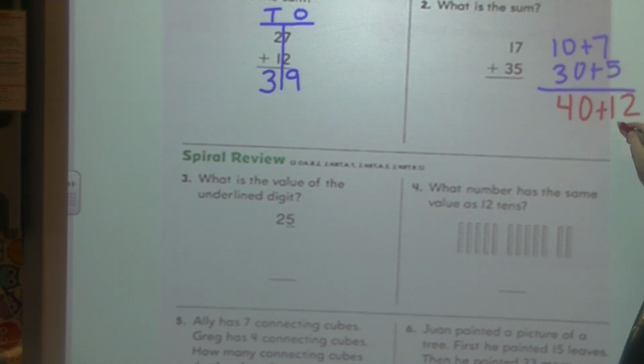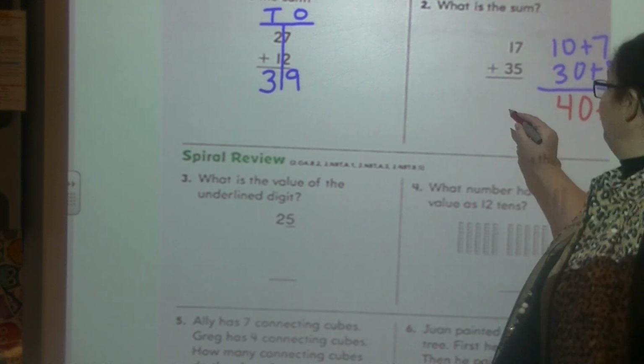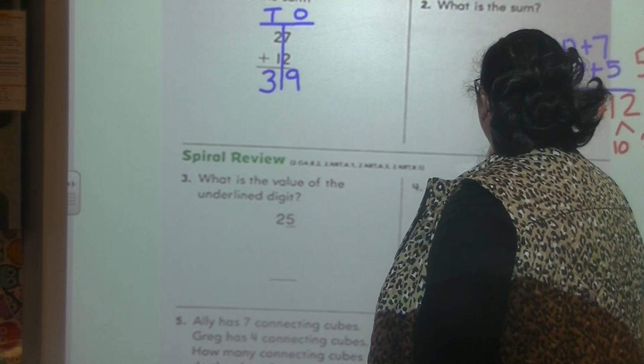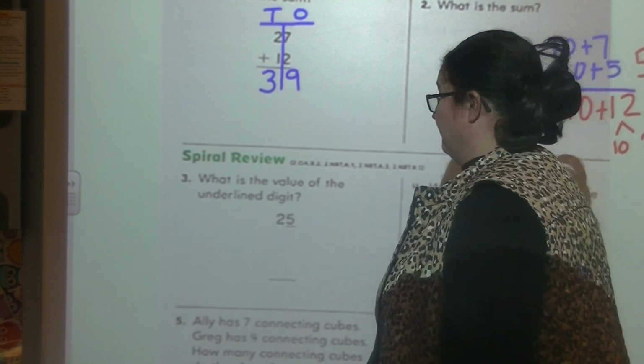All right, now we can break this down. 12 is 10 plus 2. So what's 40 plus 10? 50. So 50 plus 2 equals 52.